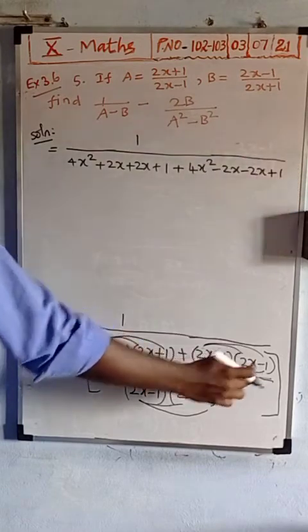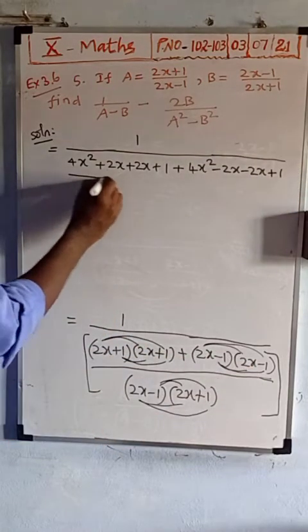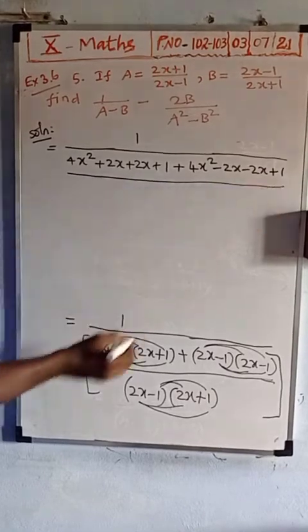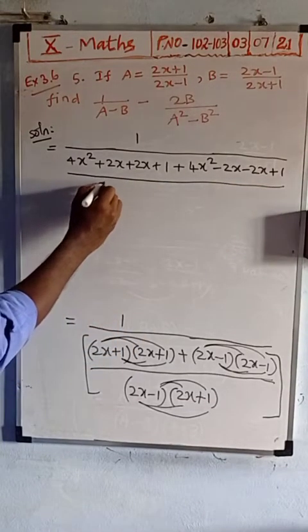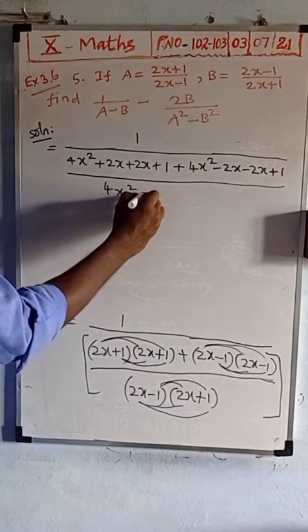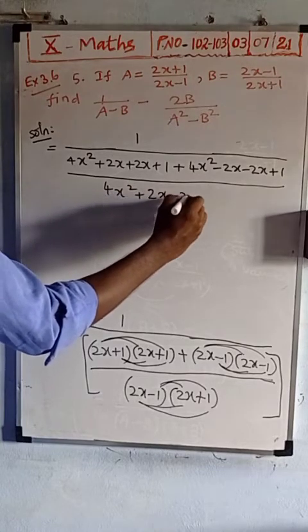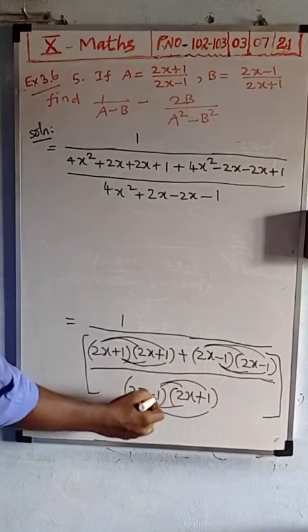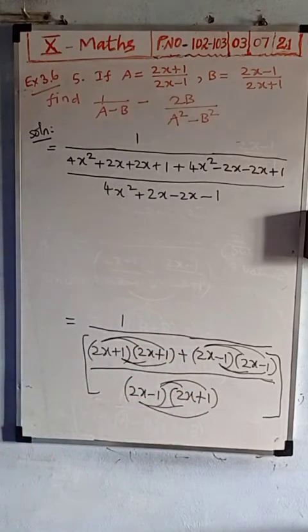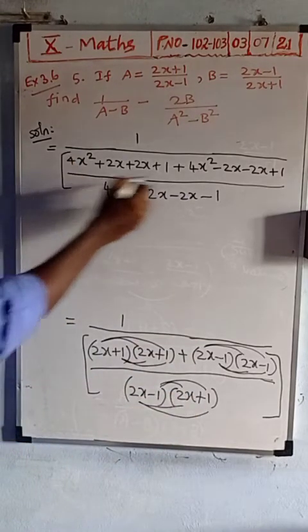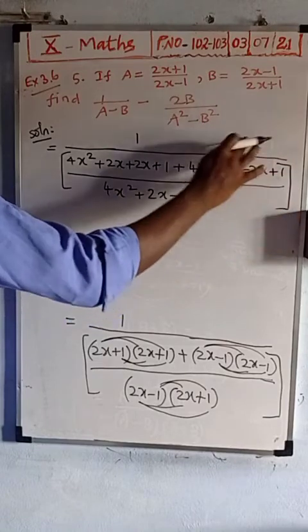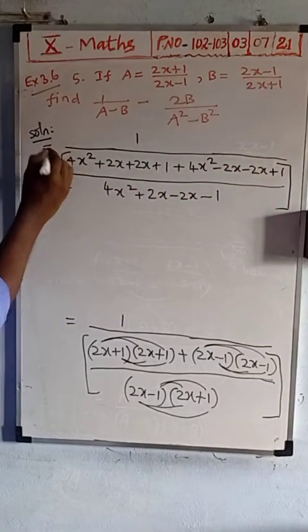Minus 1 into minus 1, plus 1. Whole divided by, here 2x into 2x, 4x squared, plus 2x, minus 2x, minus 1. Minus into 1, minus 1. So you should multiply like this. Then now you simplify this.